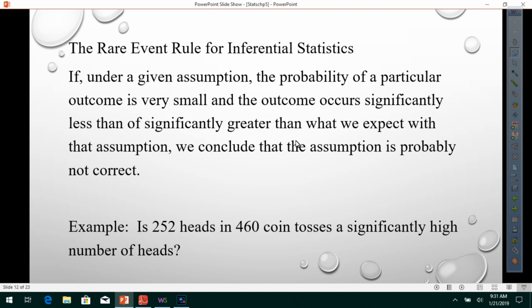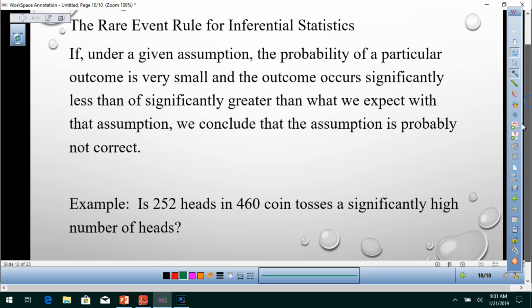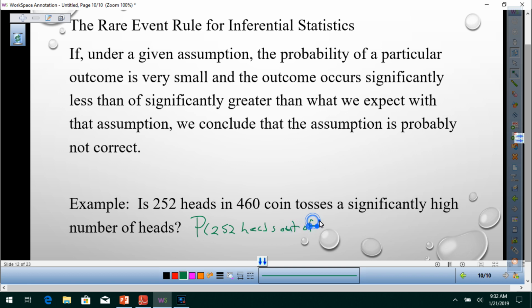What's the probability of 252 heads out of 460 coin tosses? It would be 0.0224.